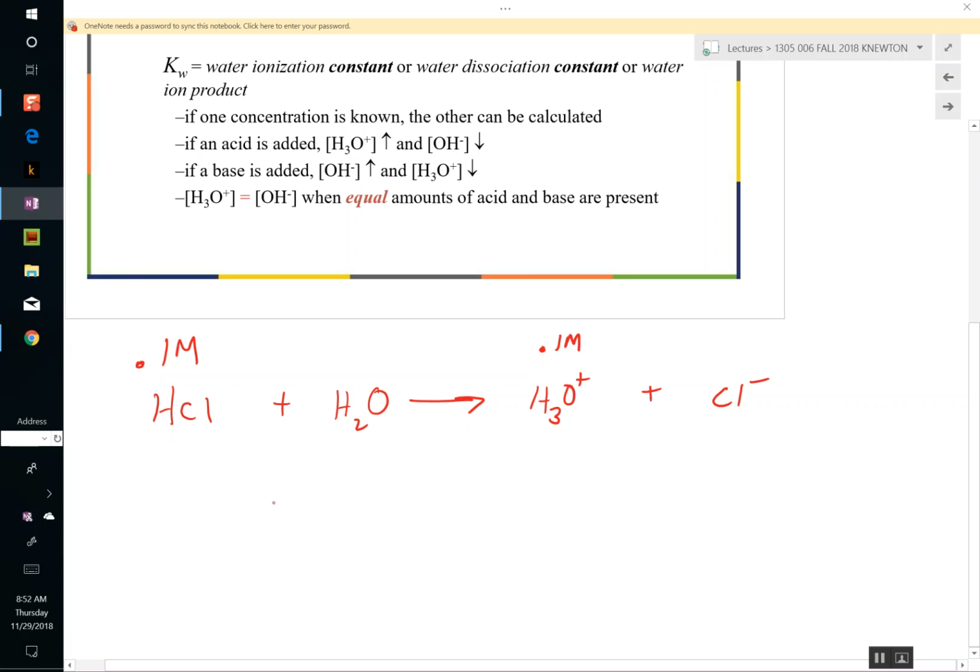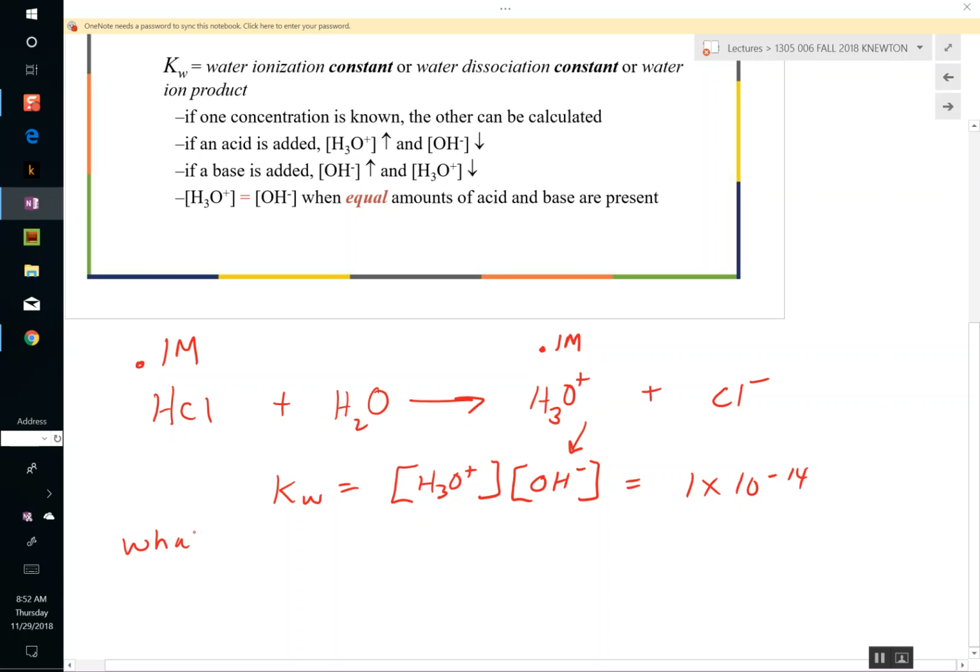So we have this Kw equals this times this, and that equals 1 times 10 to the minus 14th. So now we know, but this is what I want to know. This is my unknown.